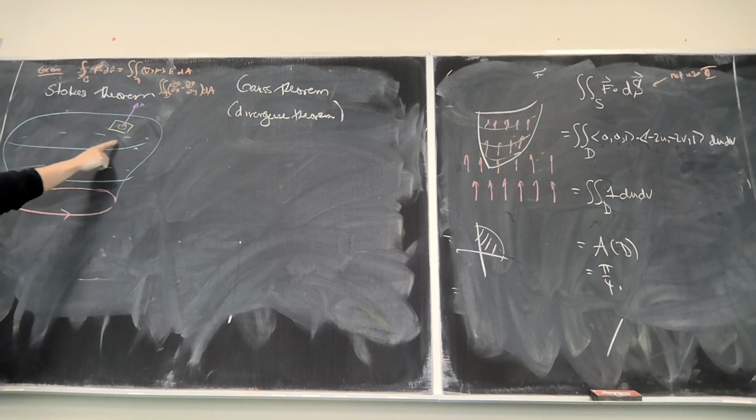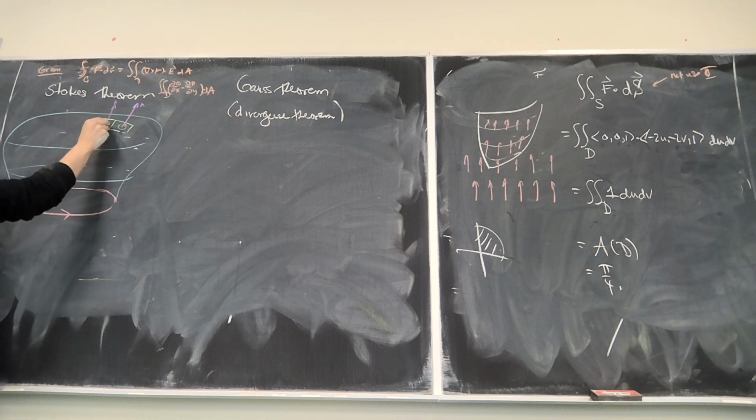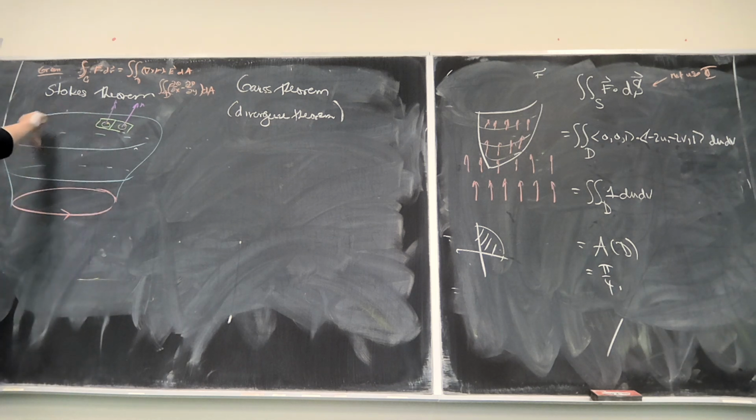There's a tendency to rotate around this vector, and around this vector. If I add up all of those tendencies to rotate on all the little parallelograms I've cut the surface up into, then the combined effect of all those rotations is equal to the circulation on the boundary.